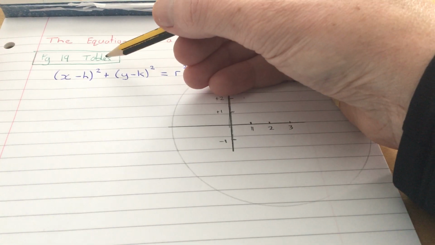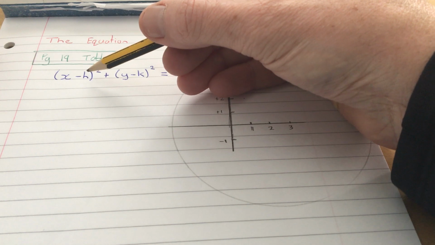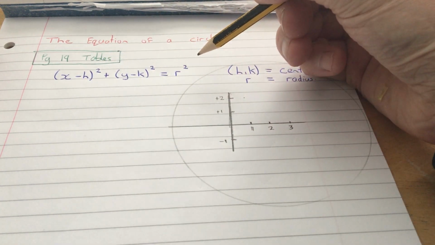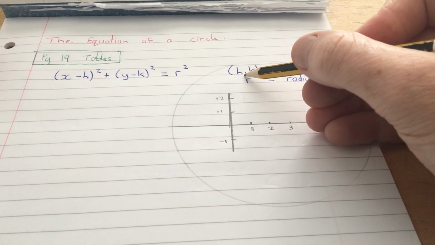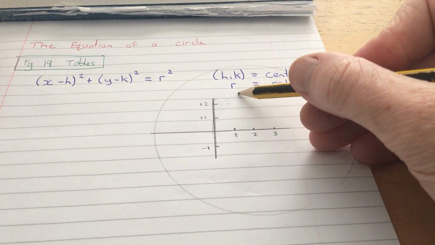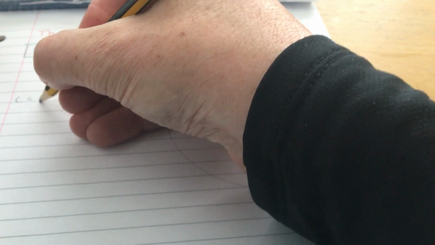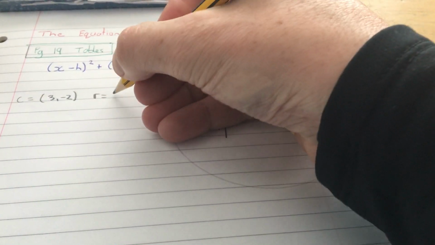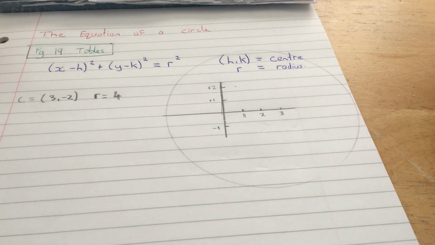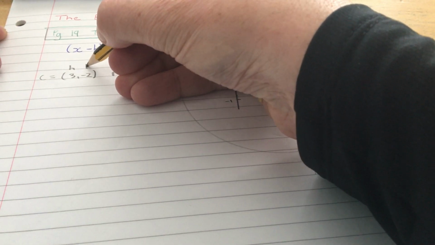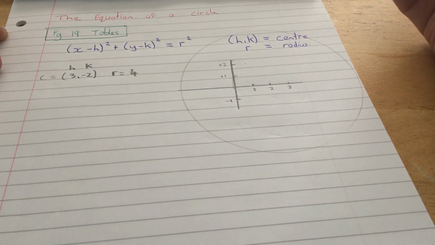The formula is on page 19 of your tables, and it's x minus h squared plus y minus k squared equals r squared. Now h and k refer to the centre of the circle, and r refers to the radius of the circle. So let's just say I had a centre of a circle to be 3, minus 2, and the radius was 4. Write down the equation of that circle. So this is the centre, so I label it h, k, and that's the radius, which I've already labelled 4.